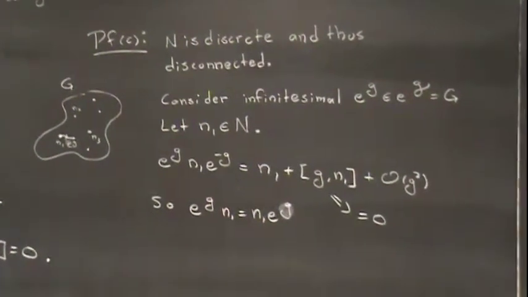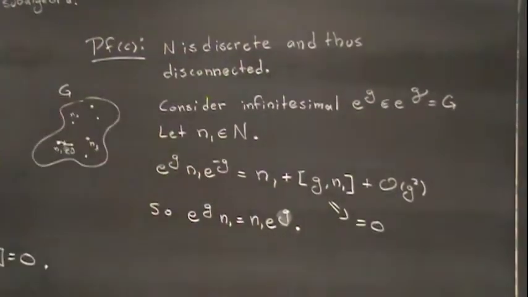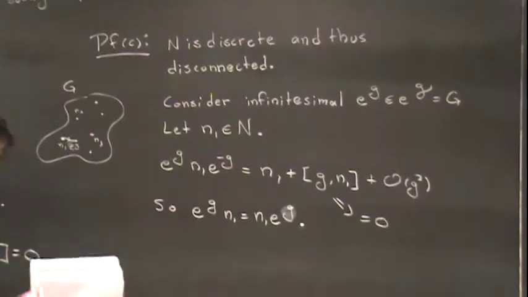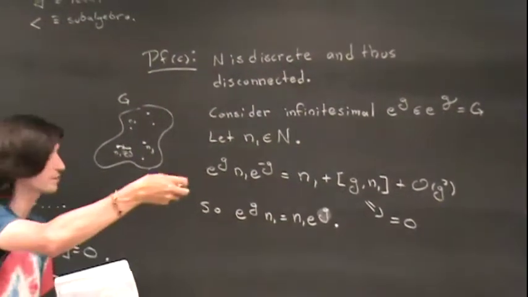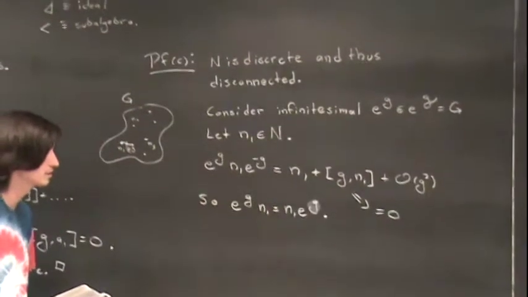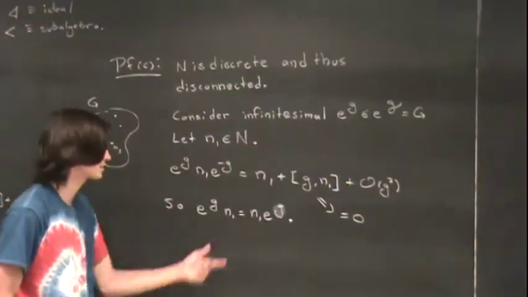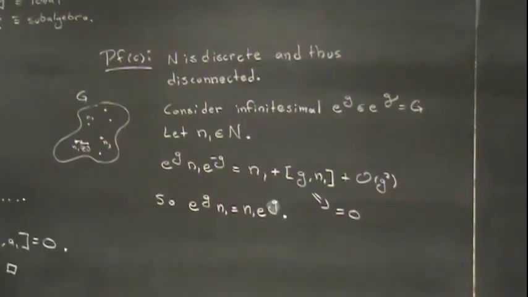Right. But if this is true for infinitesimal transformations, and by the whole principle of what a Lie group is, it's something that we can get to other elements by compounding infinitesimal transformations, then this should be true if I compound infinitesimal transformations, if I build this up to a larger transformation.